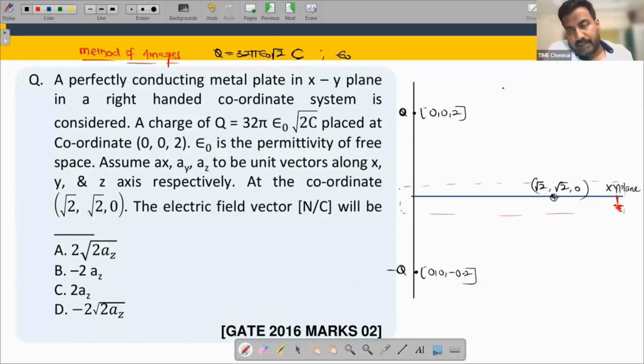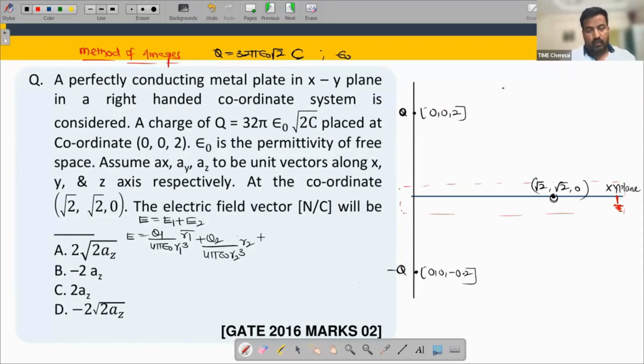It's asking us to find the electric field at this point. Again, the electric field at that point, E is E1 plus E2. E is Q1 by 4 pi epsilon naught R1 cube into R1 plus Q2 by 4 pi epsilon naught R2 cube into R2.